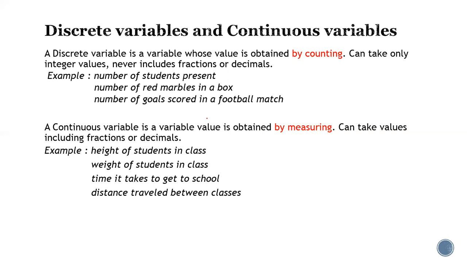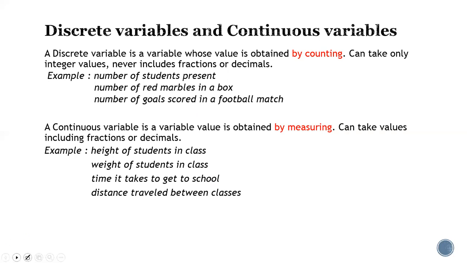If discrete variables do not include fractions or decimal numbers, continuous variables include fractions or decimal numbers. For example, continuous variables: height of students in a classroom, weight of students in a class, time it takes a student to get to school, or the distance traveled between a classroom and another classroom. Yeah, that's the example of continuous variables.